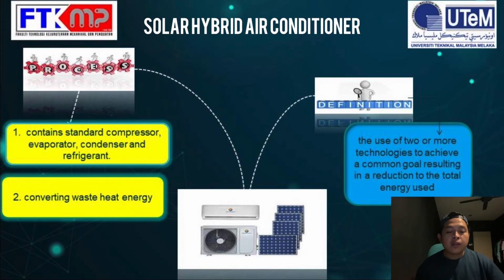Basically, solar hybrid air conditioning contains a standard compressor, evaporator, condenser, and refrigerant. A solar hybrid air conditioning system is adapted for converting waste heat energy into useful heat energy.